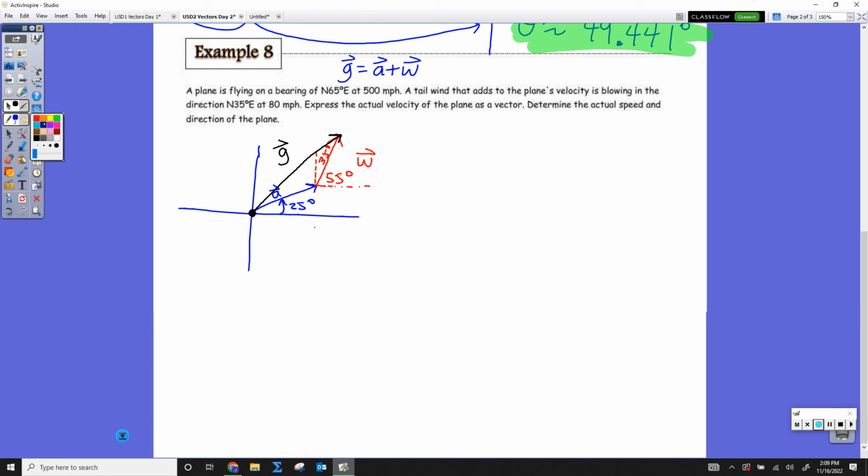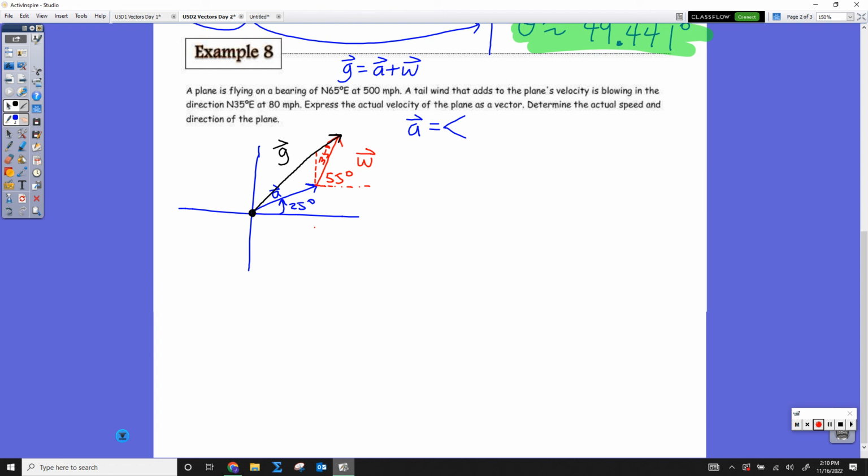So first thing, okay, everything calculated rather. So we're looking at this. It says express the actual velocity of the plane and determine the actual speed and direction of the plane. So here's our air. So our airspeed represents our plane, what direction it's pointing, and how fast it's going. Well, it told us the speed of the plane was 500 miles per hour, and the direction it said was north 65 east.